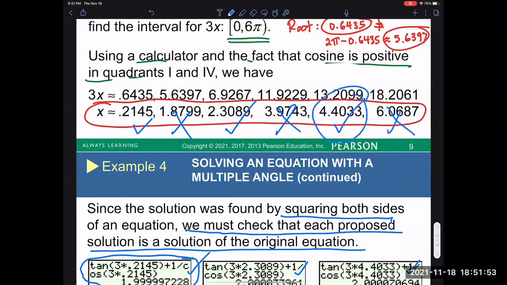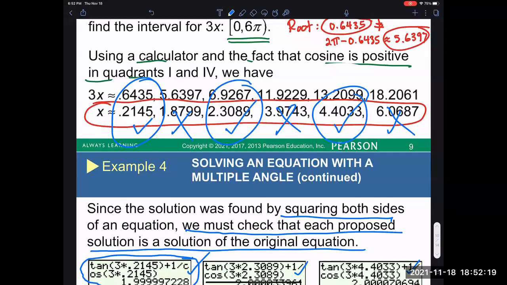So you end up with 3 actual solutions because 3 of the solutions we got were false solutions because we squared both sides. When you square both sides to solve an equation, you will find any solutions there are, but with them may be some false solutions which have to be discarded. So in this case, there are 3 solutions in the indicated 0 to 2 pi range for x.